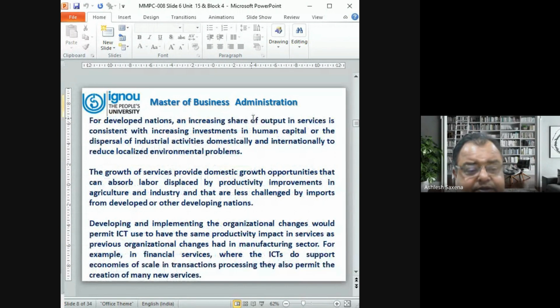For developed nations, an increasing share of output in services is consistent with increasing investment in human capital or the dispersal of industrial activities domestically and internationally to reduce localized environmental problems. The growth of services provides domestic growth opportunities that can absorb labor displaced by productivity improvements in agriculture and industry that are less challenged by imports from developed or developing nations.